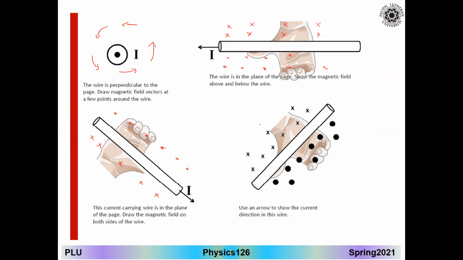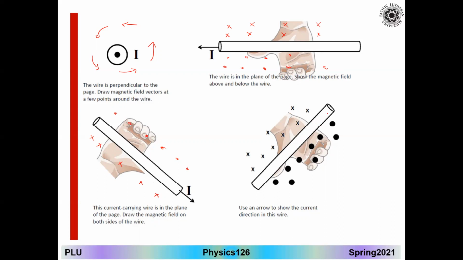In the last example, we are given the magnetic field: at the bottom of the wire, the magnetic field comes out, and on the left side, the magnetic field comes into the page.